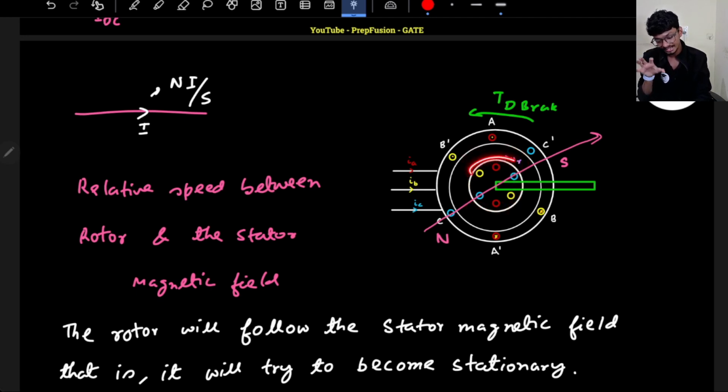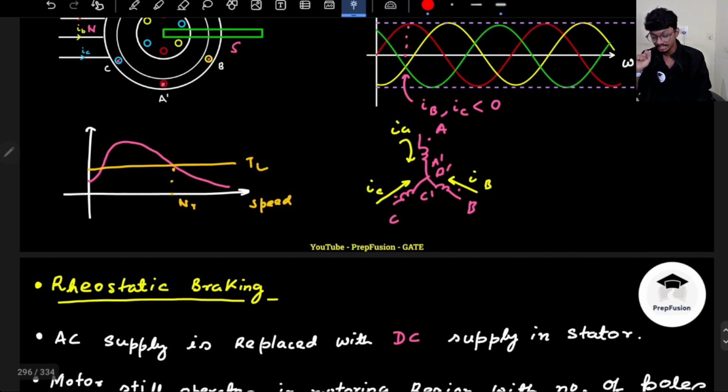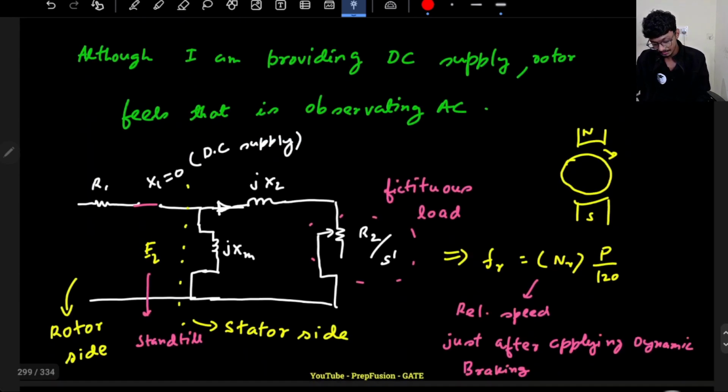I want to make it stationary, because I want to make the flux cut zero. Because the stator magnetic field is stationary, the rotor magnetic field also should be stationary. So I want to make the speed zero, and I have to develop an opposing torque. That's why the torque developed will be opposing, and the graph will be flipped. Why will it be flipped? Because the operating slip has changed.